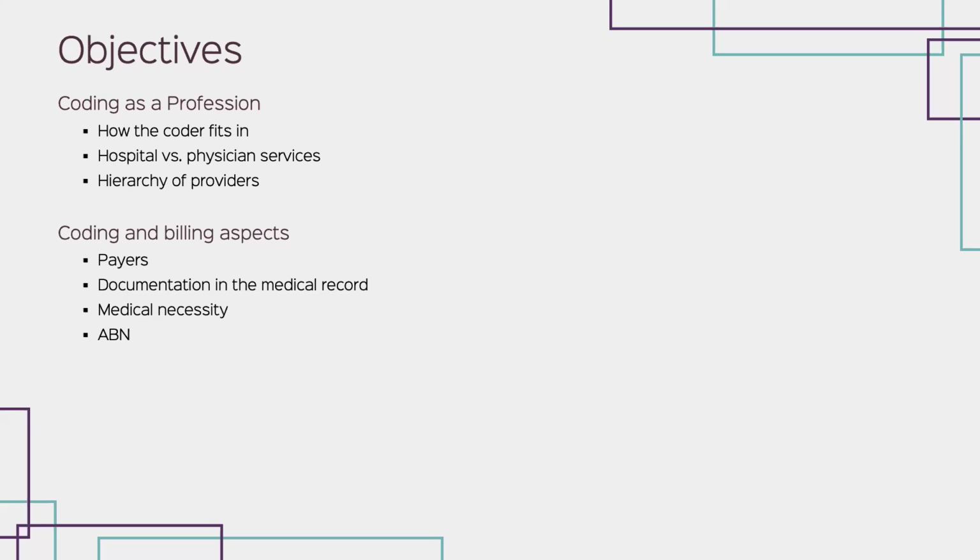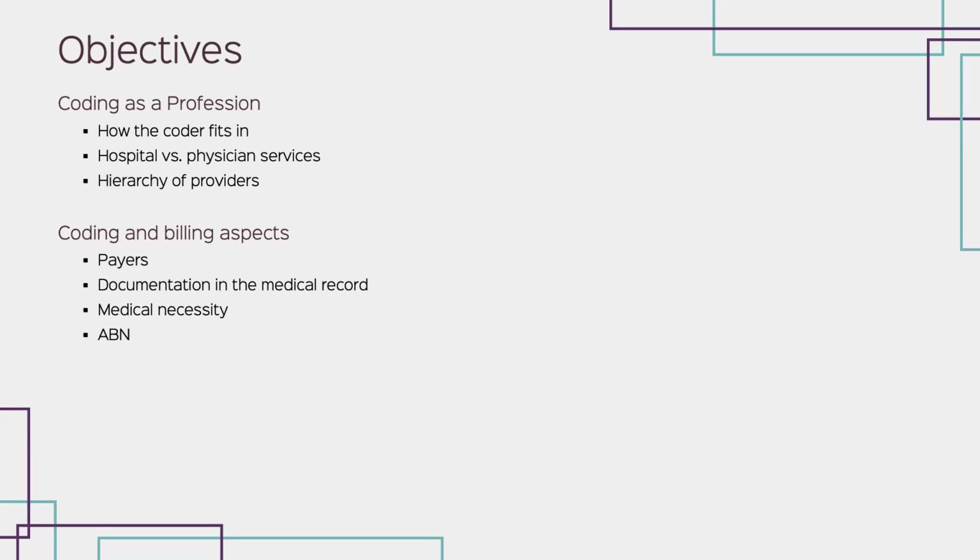In order to help you understand how a coder fits into the healthcare industry, we will discuss coding as a profession, as well as how the coder fits into the physician's office, as well as the differences of services that can be provided by hospitals and then those that are provided by your physicians.